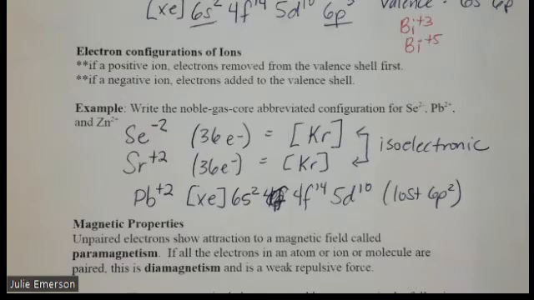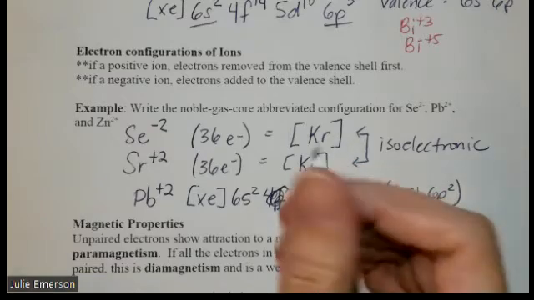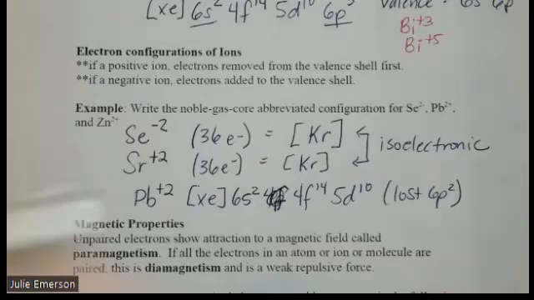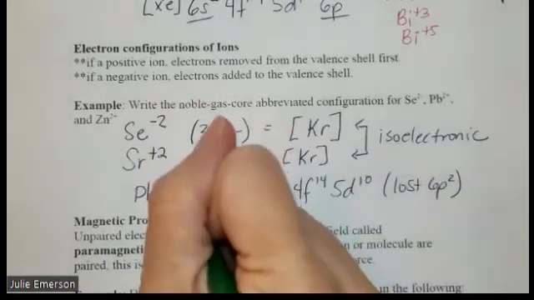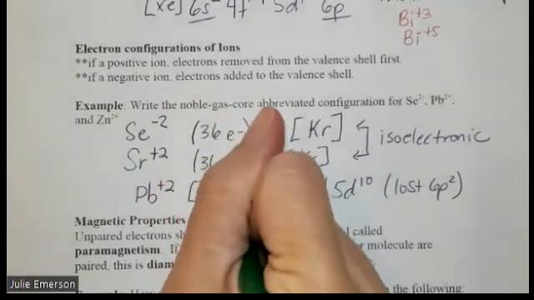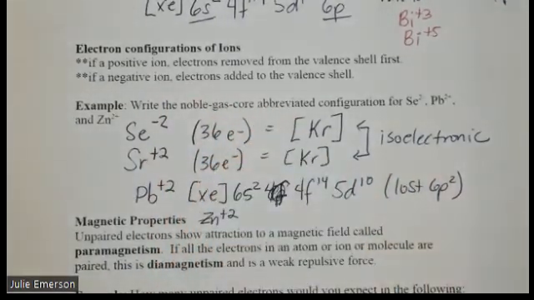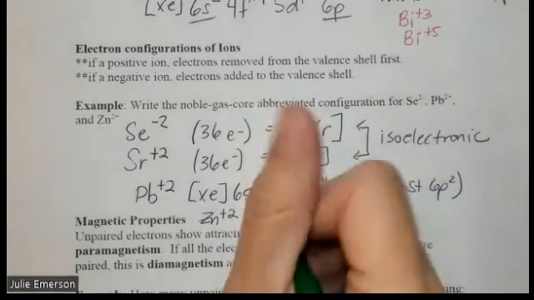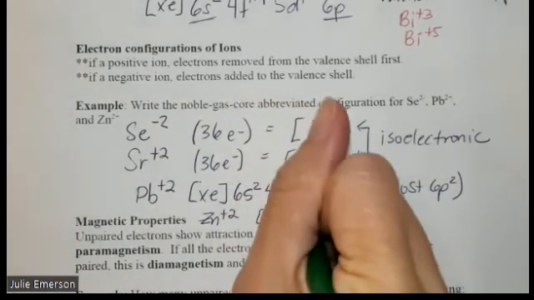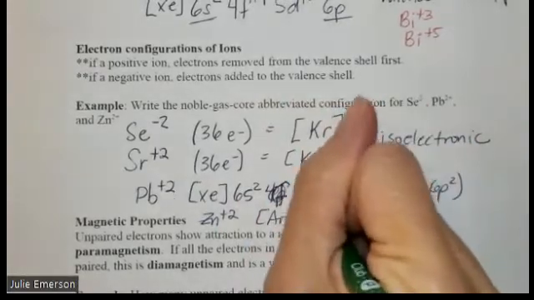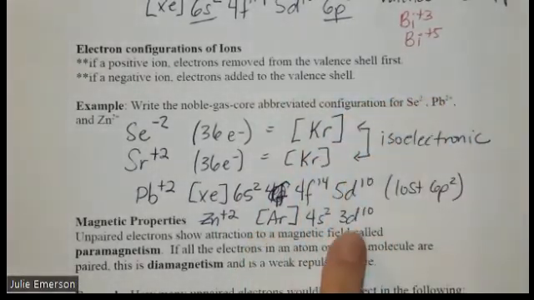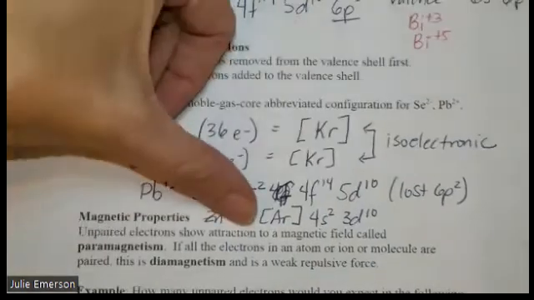The transition elements, however, this is where writing it the way the book does might be advantageous, right? So if I have zinc +2, and I'm going to write this one out because I think it's confusing. When we do zinc, it has an argon core, and then it has 4s2 and 3d10, right? That's the complete configuration for the zinc atom, not the ion, right?